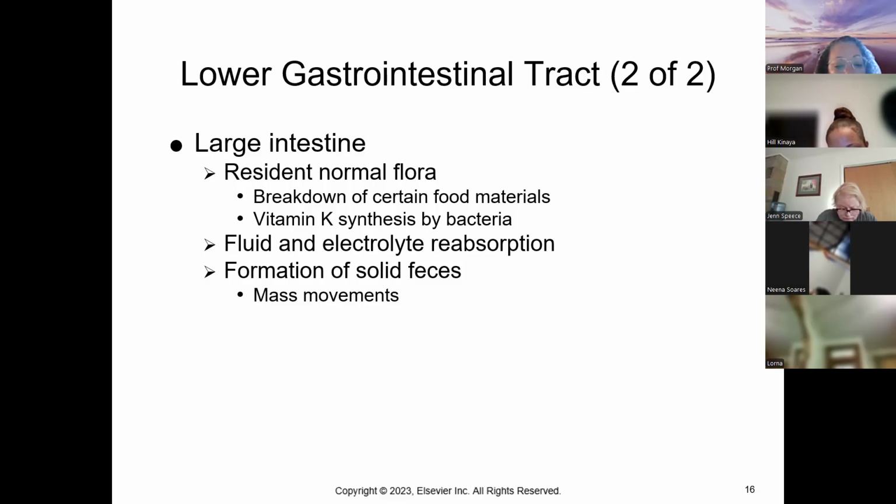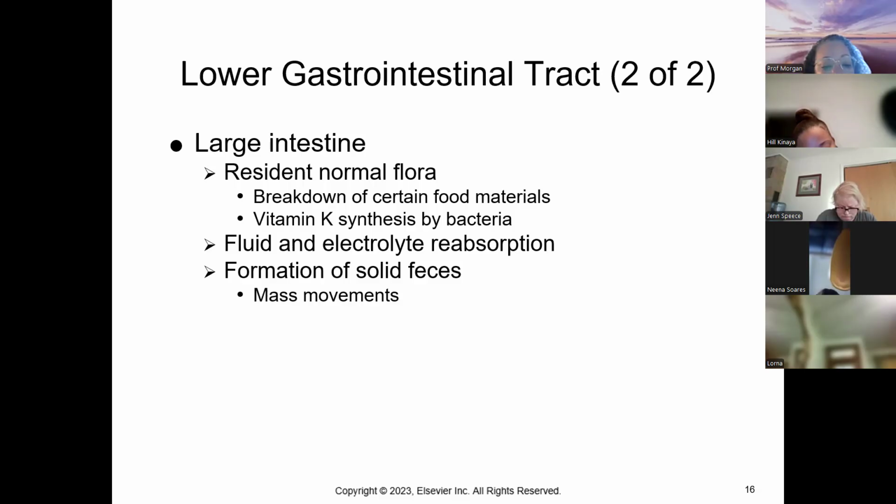Other bacteria help too. Vitamin K is synthesized there. We need that for clotting, prothrombin and fibrinogen in the liver. Large pouches in the colon allow for expansion. And feces is made mostly of fiber or other things that are considered indigestible. There's also some mucosa in it and some bacteria.